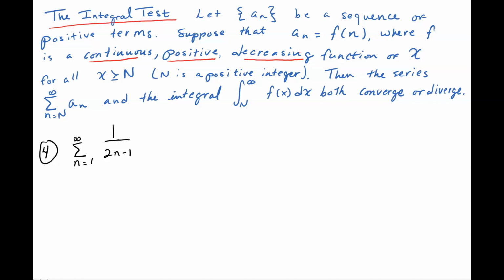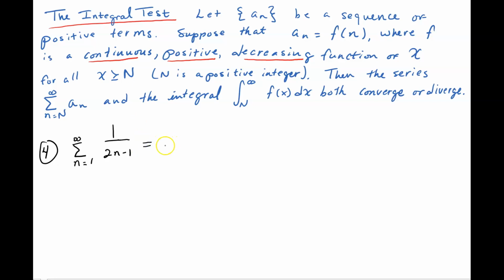All right, so we're going to take a look at an example here, number 4. We're going to see how we can apply the integral test to determine, in this case, the convergence or divergence of 1 over 2n minus 1. So we're going to do a little bit of integration. It's not that bad. It's a pretty basic one here, but let's go ahead and take a look.